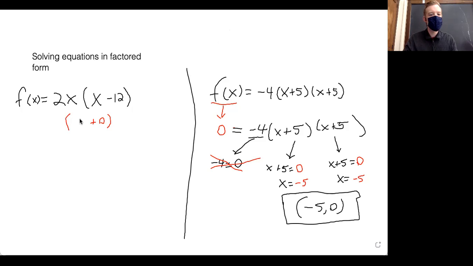So this could be rewritten as 2x, x on the inside and a 2 on the outside, and x minus 12 right here. So you could rewrite this to look like what we had previously when we were working with factored form. But I'm actually going to leave it in this original form right here. I'm not going to change my form around because I want to show you it's actually easier to work with the original form.